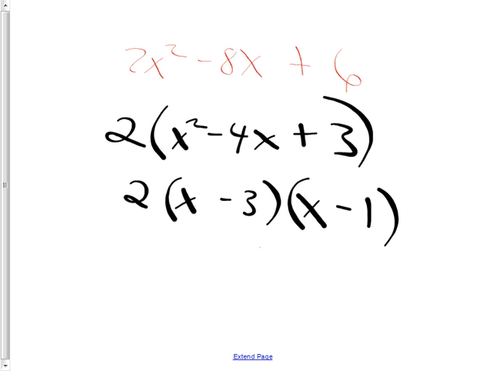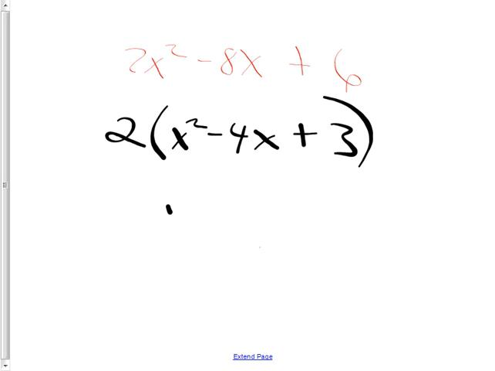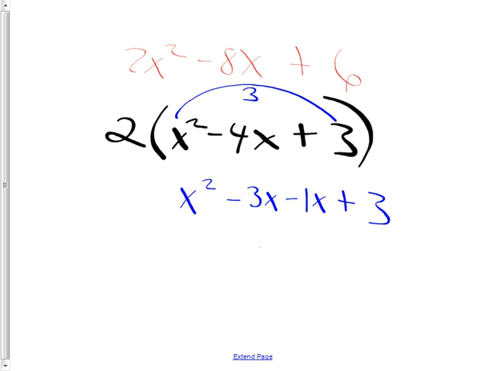All right, let's see if I can blow your mind for a second. Ignore this 2 for just a minute. Watch what I can do. 3 times the 1 makes 3. What multiplies to 3 and adds to negative 4? A minus 3 and a minus 1. Now, do you get that this and this are exactly equal to each other?